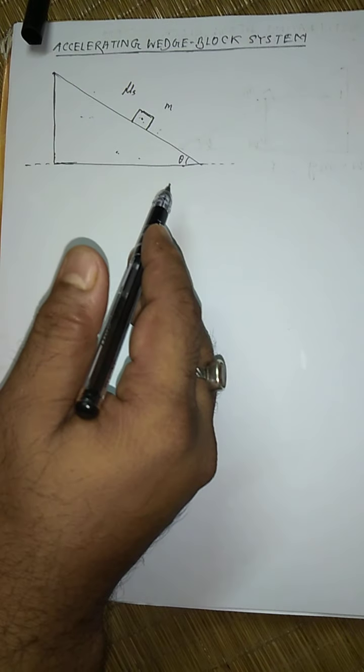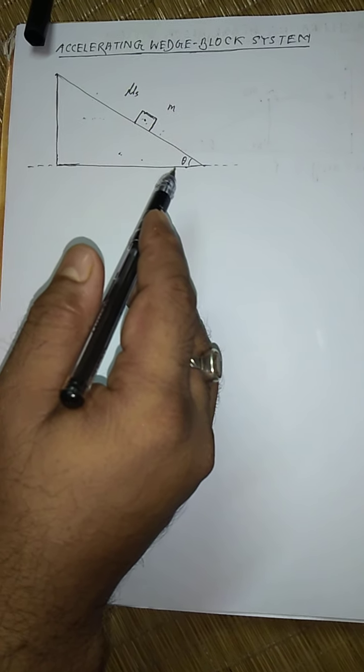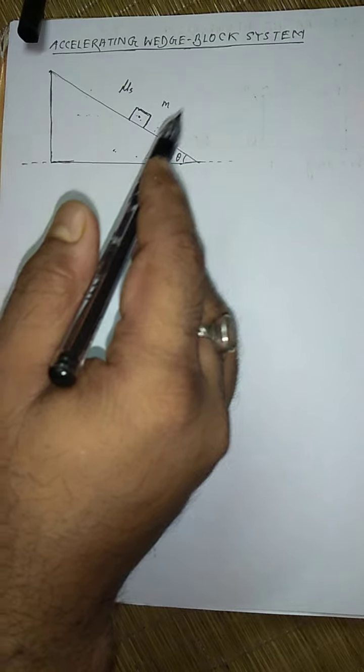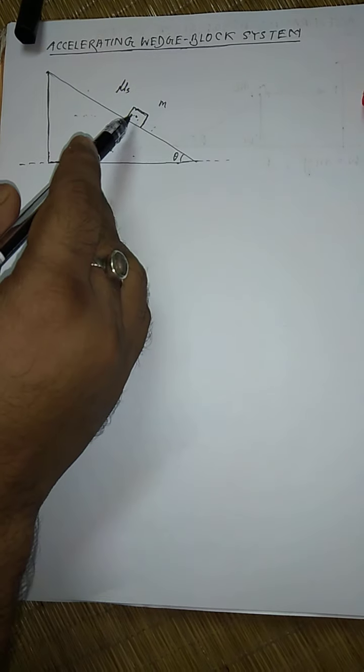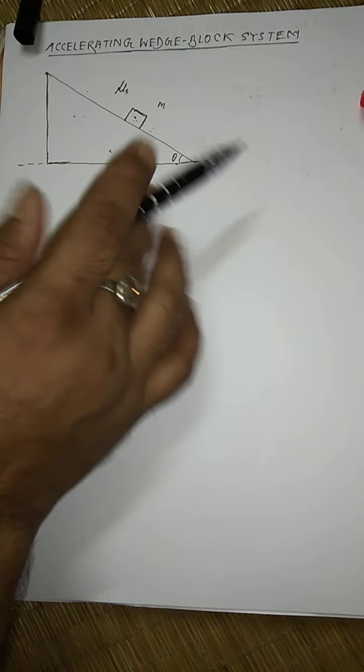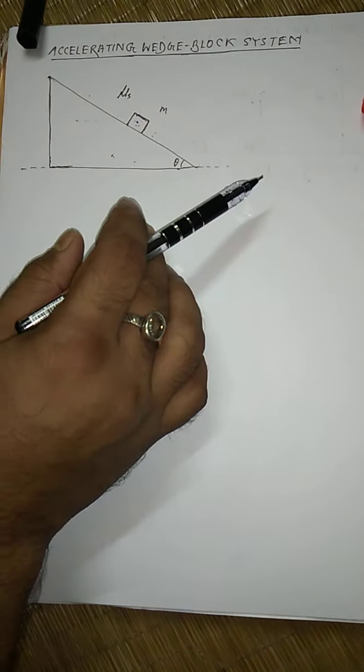In the last video, we found an expression for the minimum horizontal acceleration of this wedge, for which the block could just be prevented from sliding down the inclined surface of the wedge.